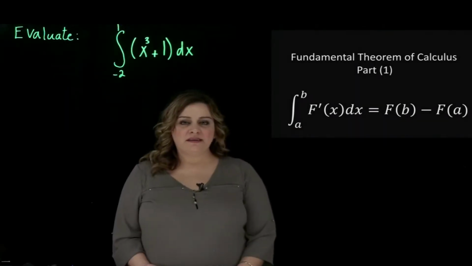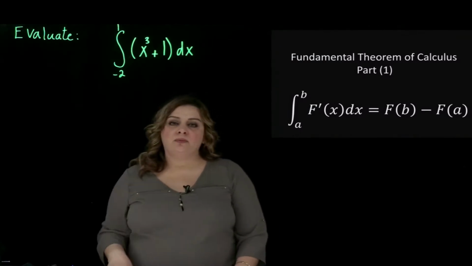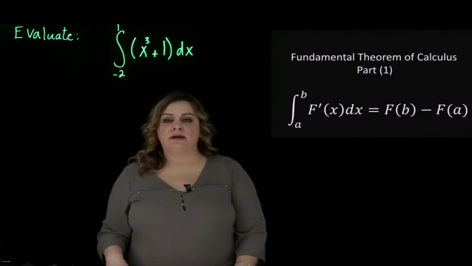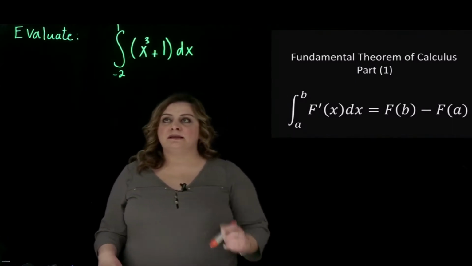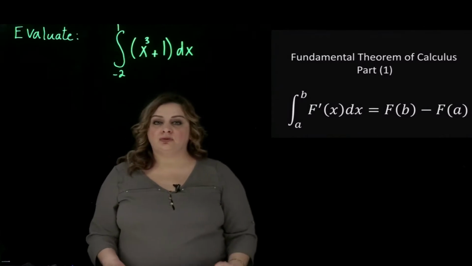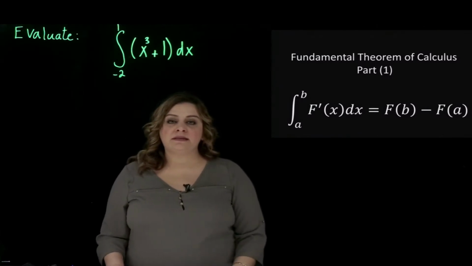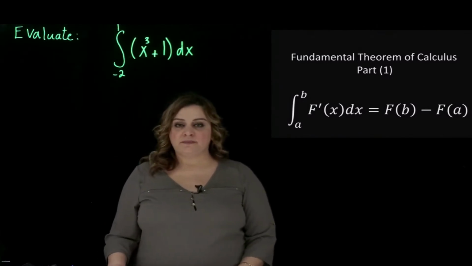Shown on our screen is the fundamental theorem of calculus part 1: the integral from a to b of big F prime of x dx equals big F of b minus big F of a. We will start with our example. We want to evaluate the integral from -2 to 1 of x cubed plus 1 dx.